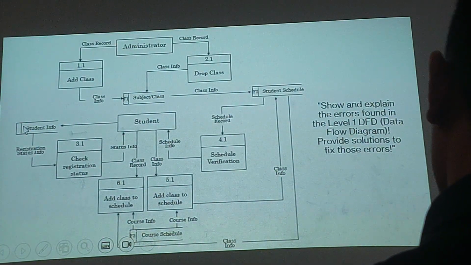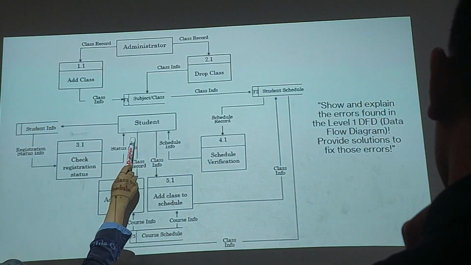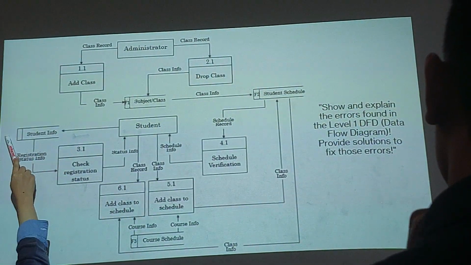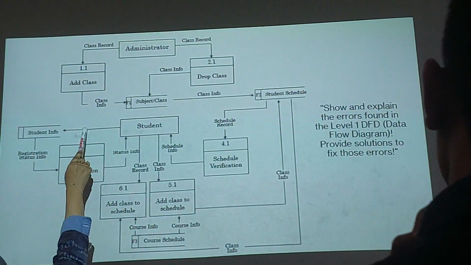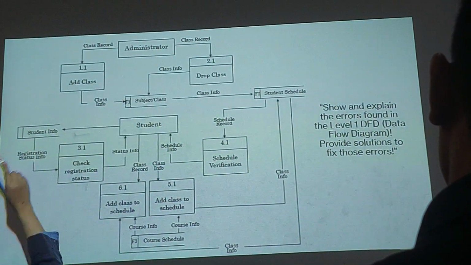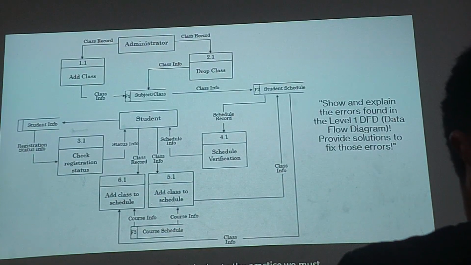Okay? This is incorrect. The student actor cannot be directly connected to the database. They must go to the process, and the process will use the database. Alright. The other one.